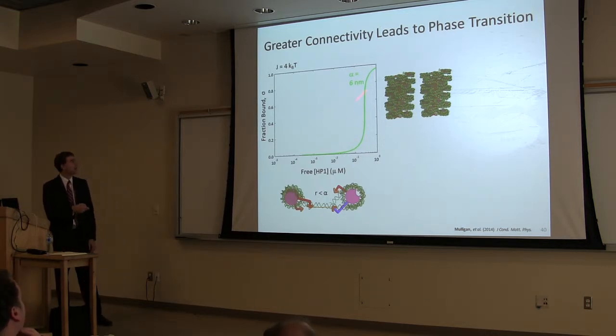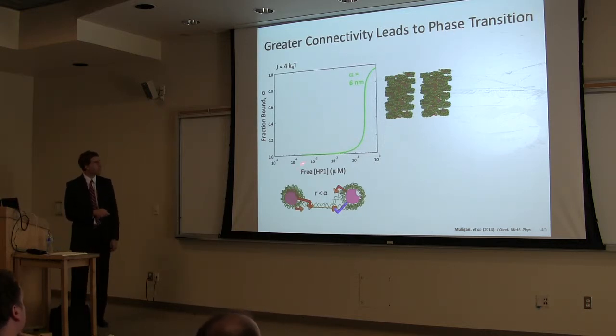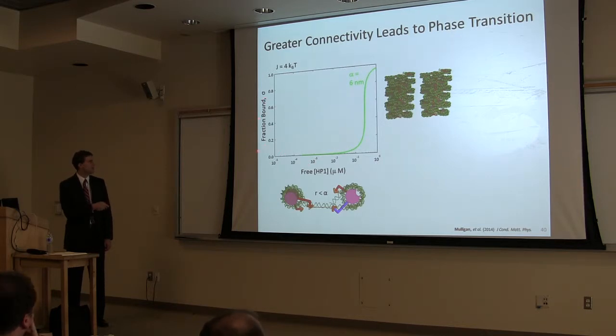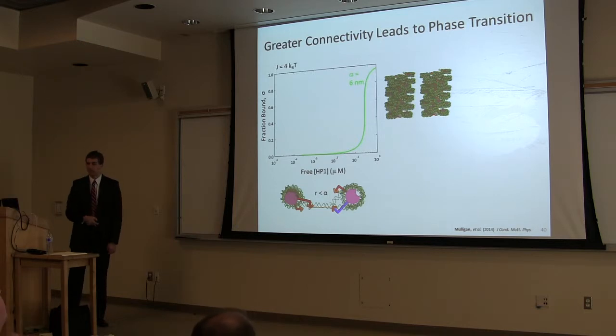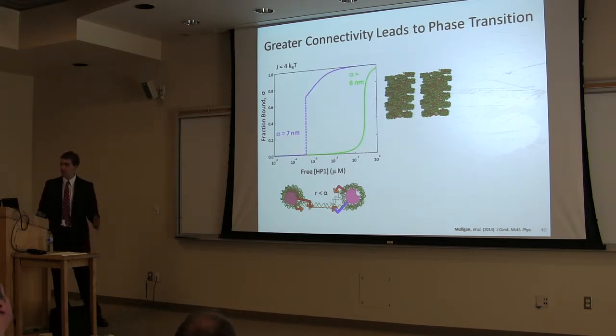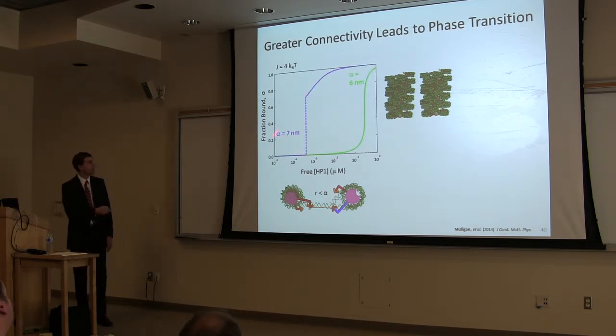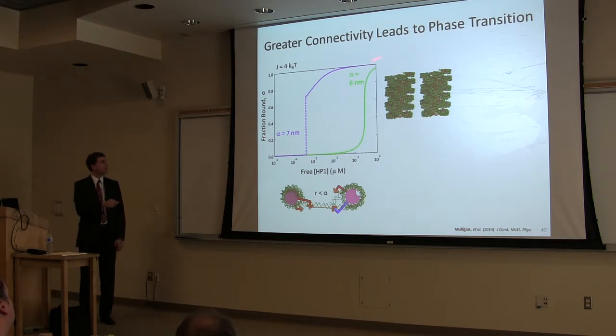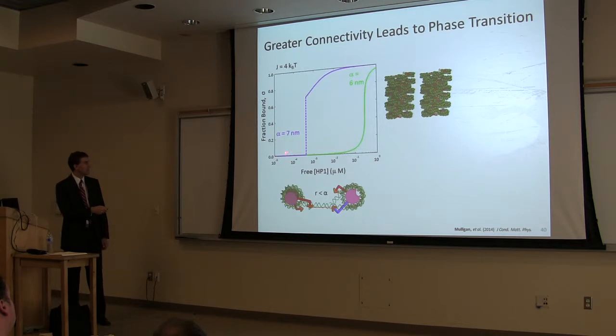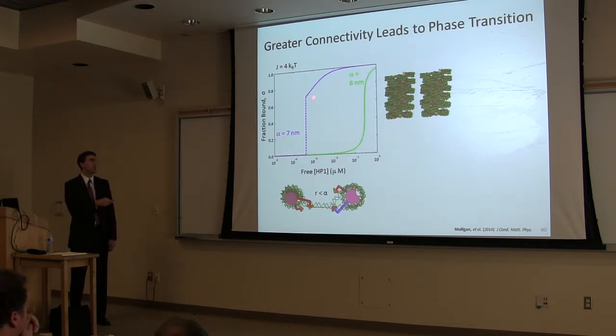And so we start with the alpha equals 6 nanometers case. And if you look at the binding of HP1 versus the concentration, you'll see it rises smoothly here. Now if we just look at a slightly larger value of alpha, 7 nanometers, in the purple curve, you see a much different behavior. You have this very slow increase of HP1 binding, and then a sudden discontinuous jump.